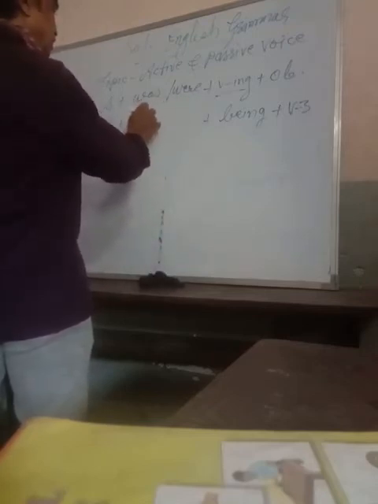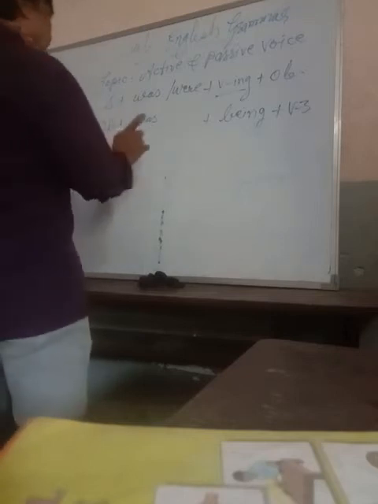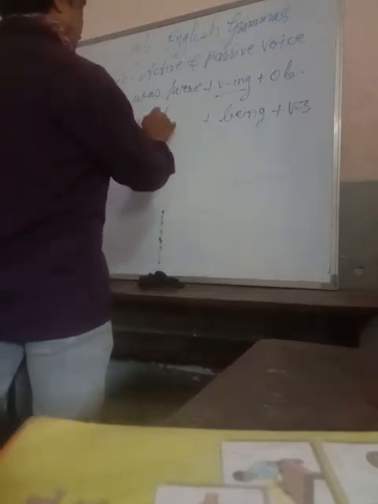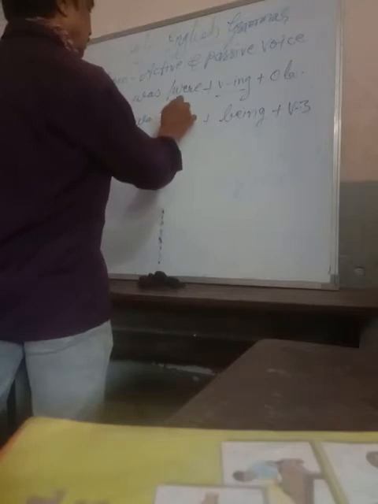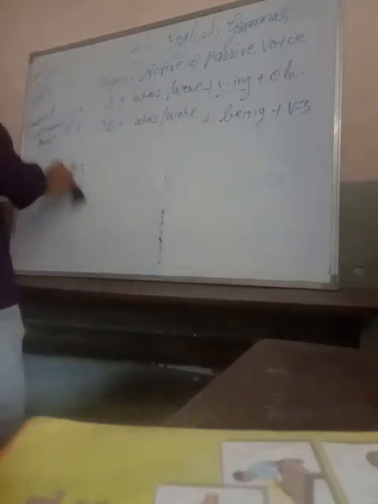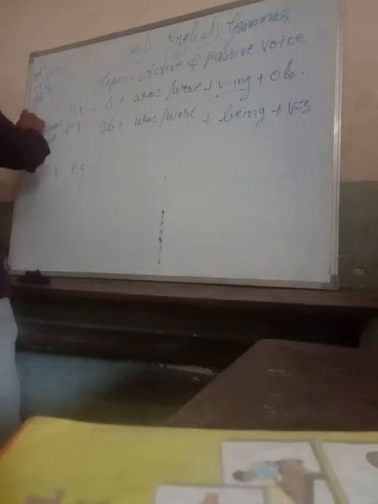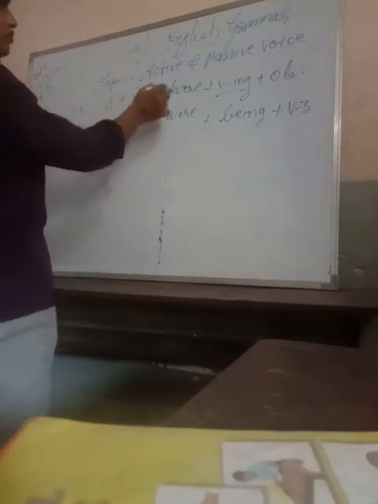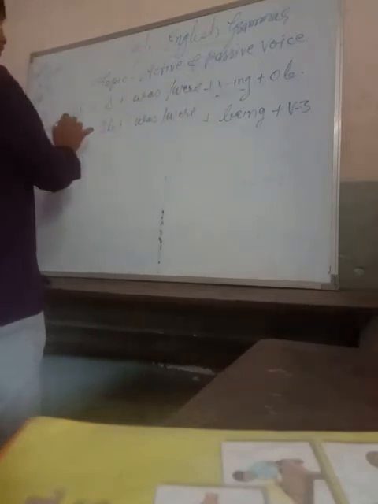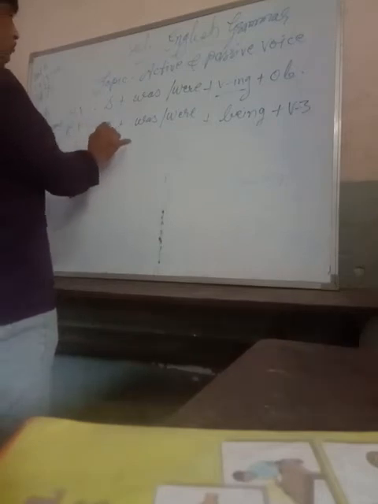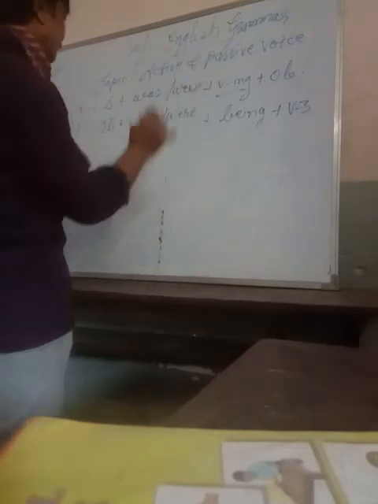Was, were only, because it is the past continuous tense. Look here now. In the AV, subject plus was plus verb plus being plus object. PV is passive voice, object plus was plus being plus V3.